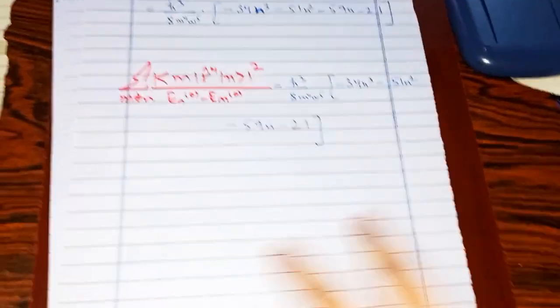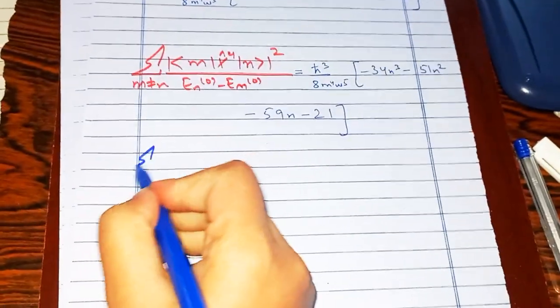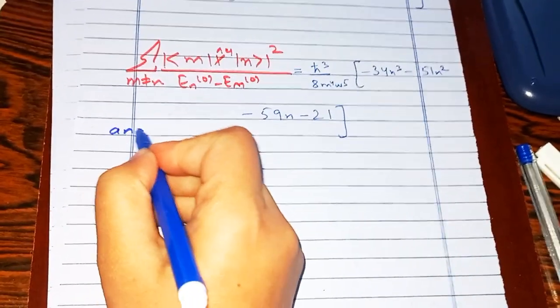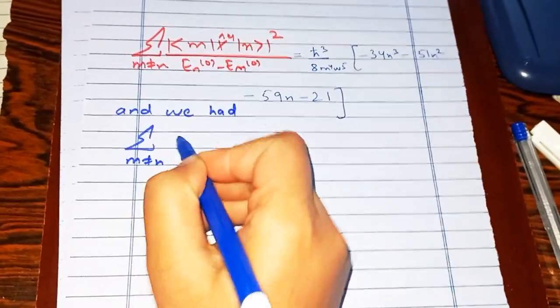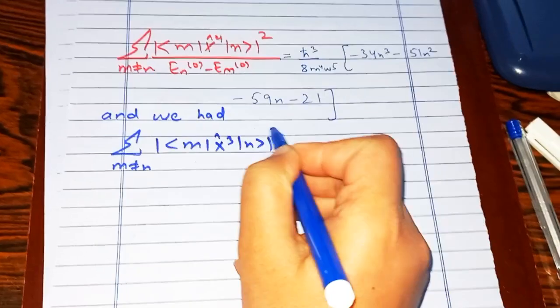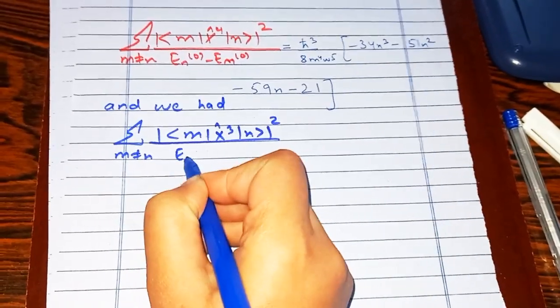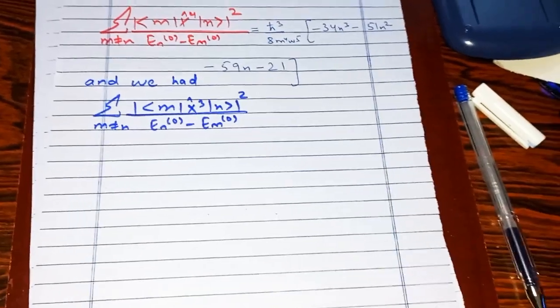And if we refer to the result that we got for the cube, let me write it here as well, because now we are going to put it into the equation where we started from.